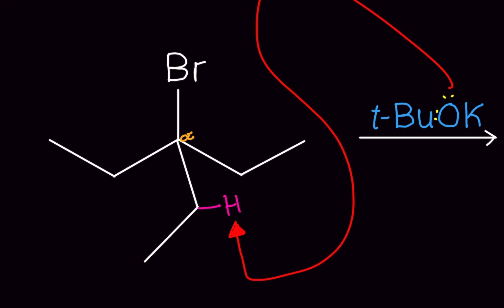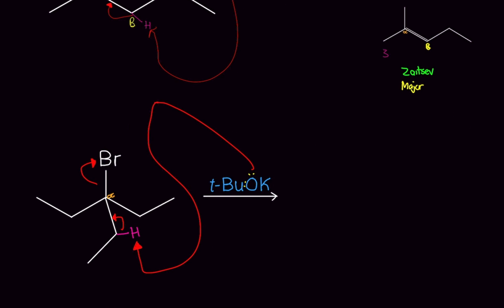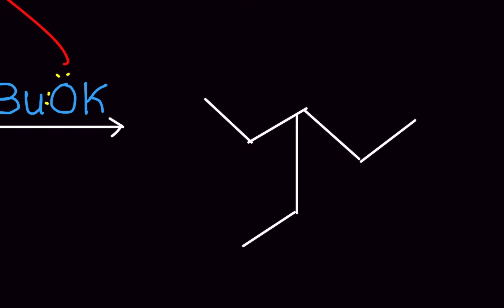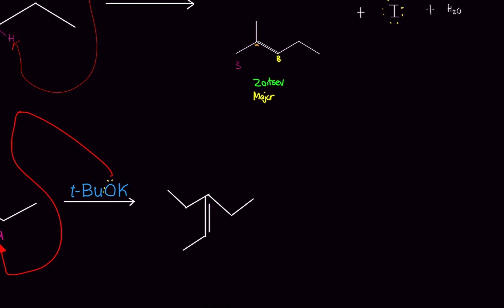The alpha beta bond becomes a double bond, and the alkyl halide leaves. So we got that's ugly, but you know what I mean, right?